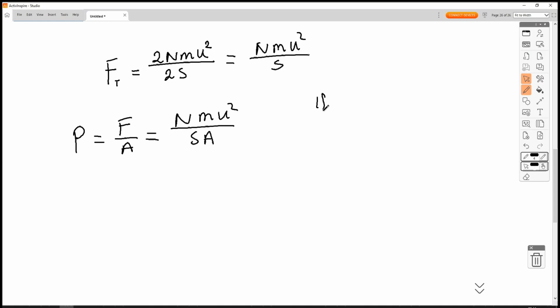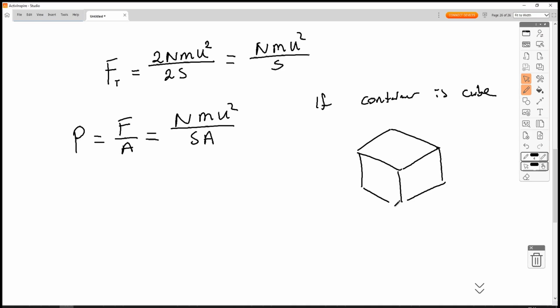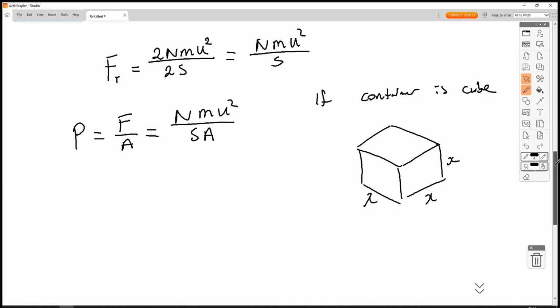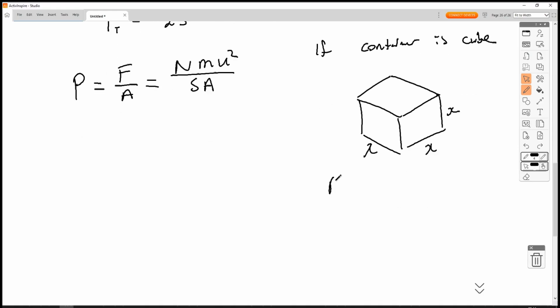Now, if the container is a cube where all sides are x, then A is equal to x squared and s is equal to x.